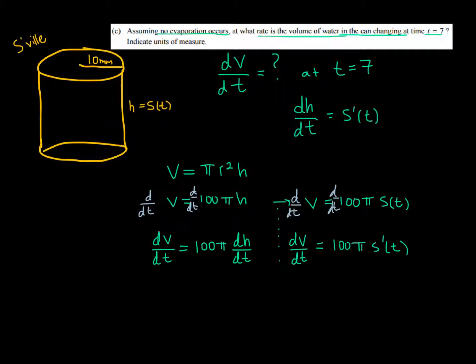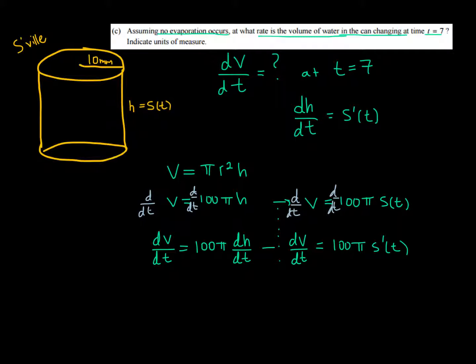I have dV/dt is equal to 100 pi times the derivative of height with respect to t. And at this point, I can make the connection. dh/dt is simply S prime of t. So then I can get to this equation here, which is the same thing I got by differentiating V equals 100 pi S of t with respect to t, where I get 100 pi times S prime of t, the derivative of S of t.